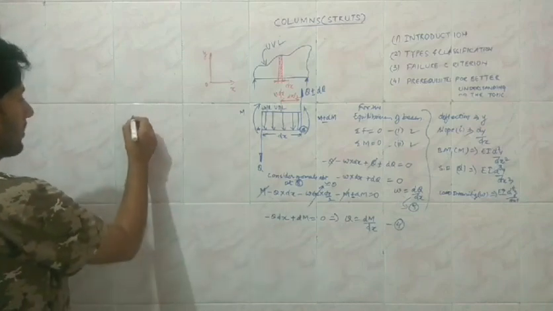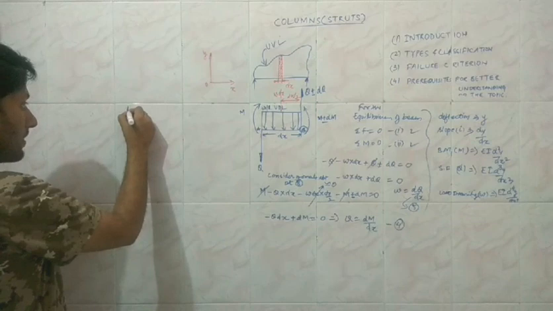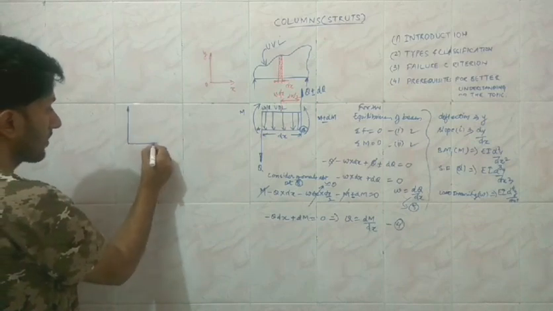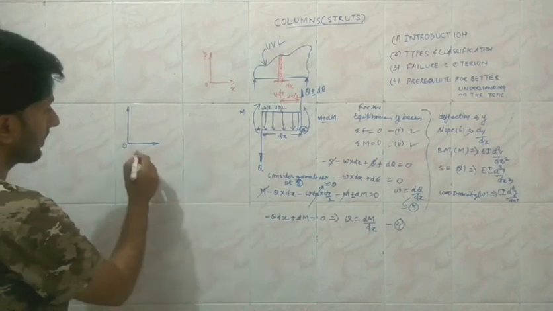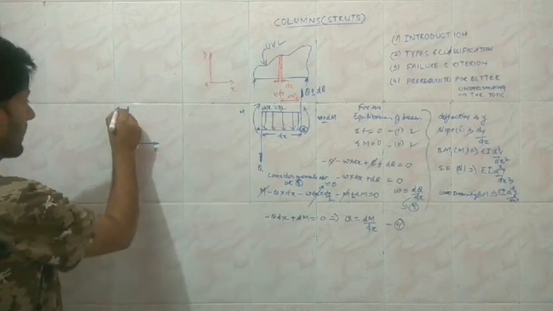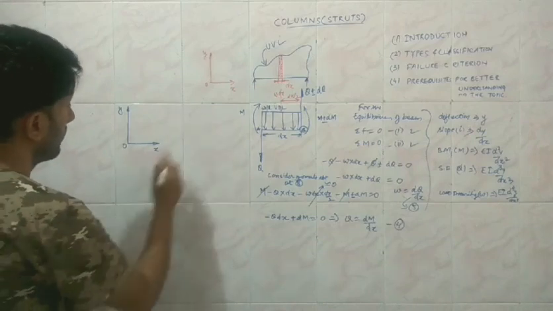So if I'm going to draw this, sign convention is also important, and sign convention actually depends upon the coordinate system we are choosing. So we are choosing the left hand coordinate system, and the horizontal direction gives the value of x, and the other direction gives us the value of y.